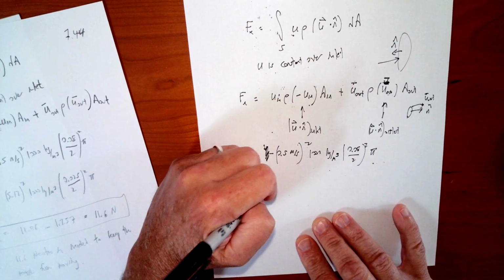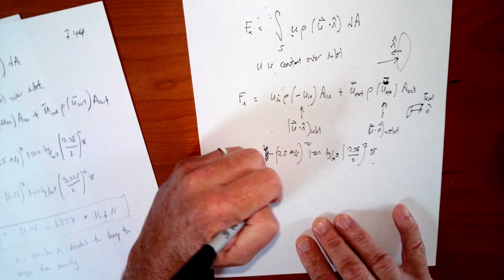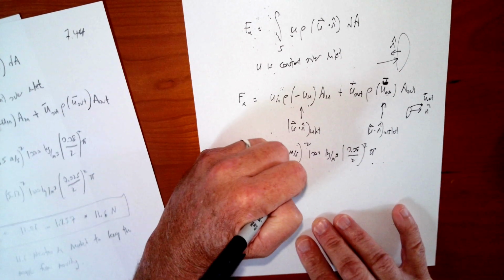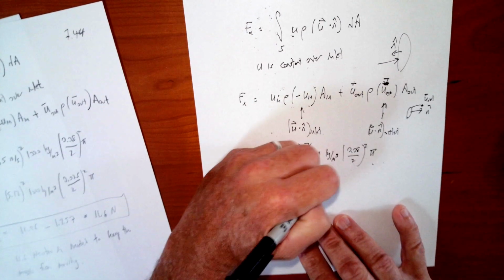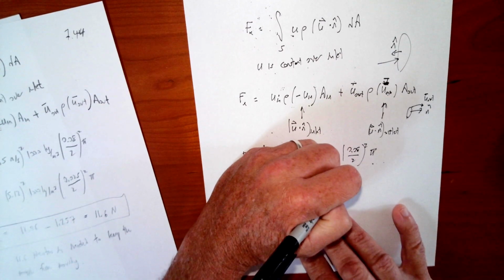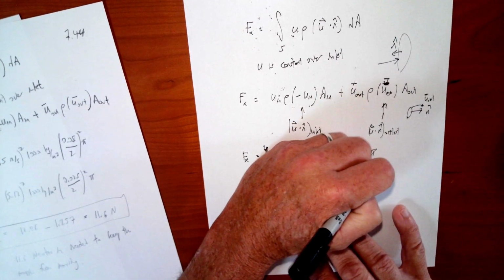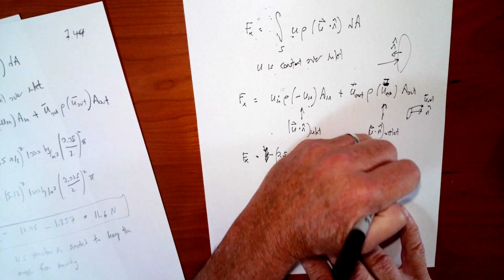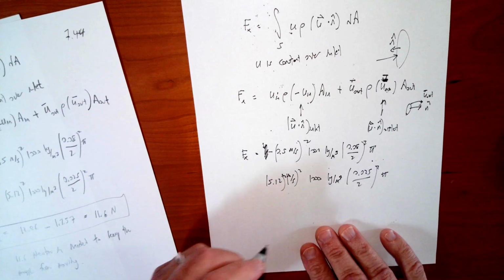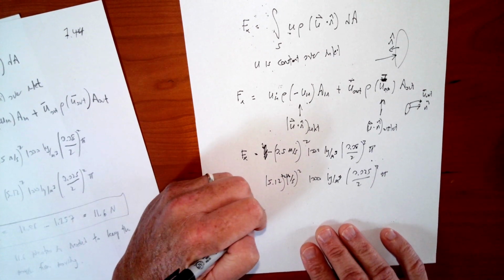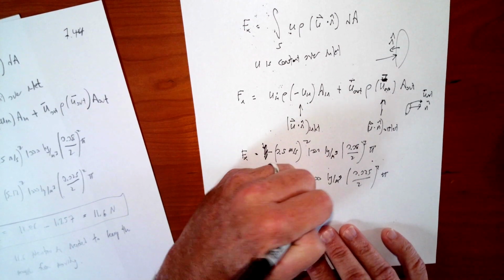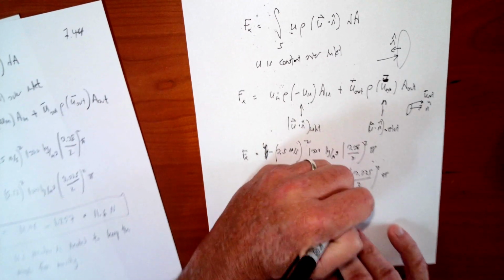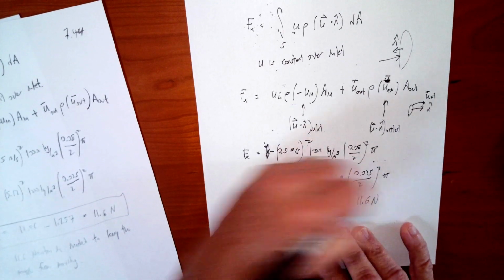And then we have 5.12 squared meters per second squared times 1,000 kilograms per meter cubed times 0.025 over 2 squared pi. So that's our x force. Fx comes out to be 12.86 newtons minus 1.257 newtons equals 11.6 newtons.